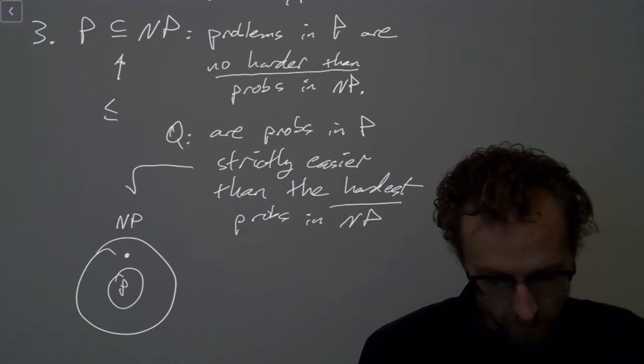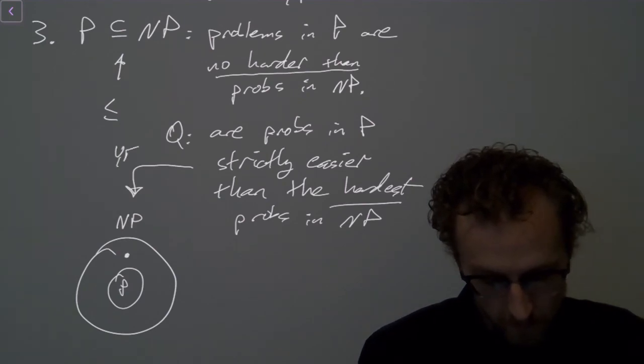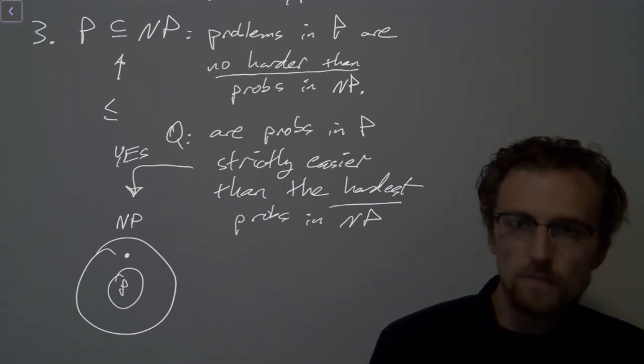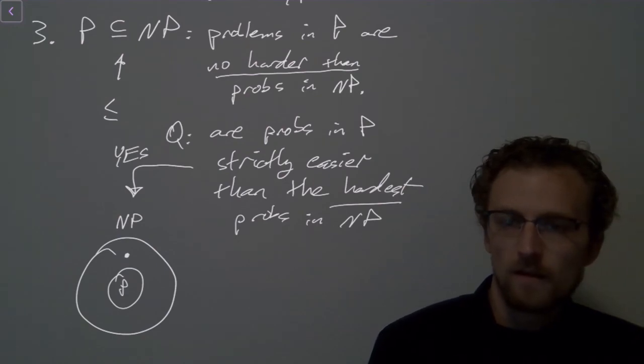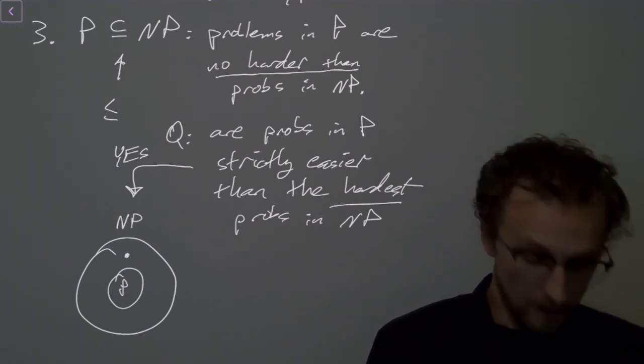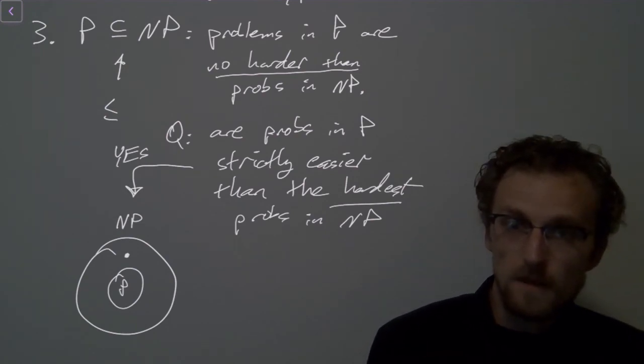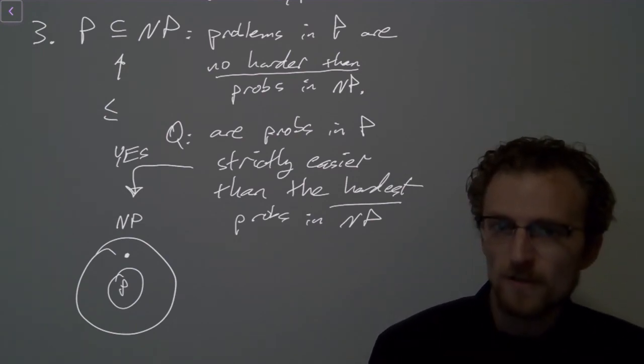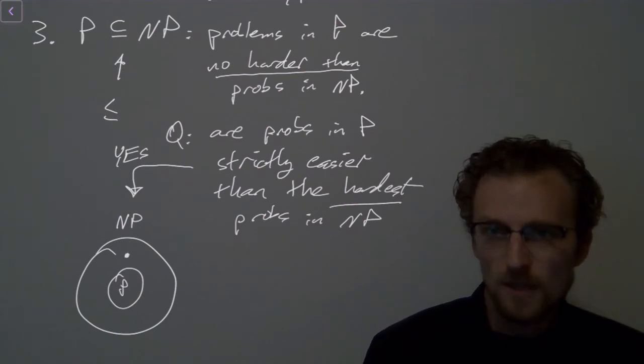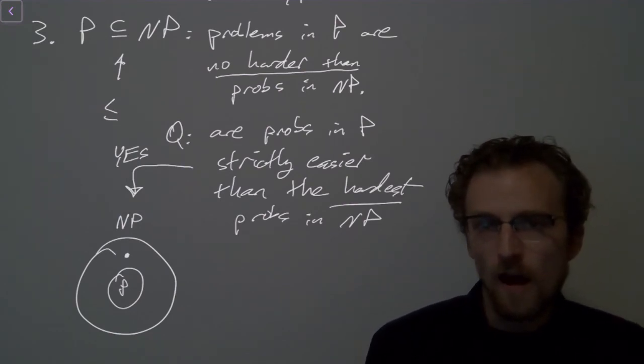So if the answer to this question is yes, then the relationship between P and NP is one of proper inclusion. In other words, the set P would be a proper subset of the set NP, which means that there are things in NP that are not in P.